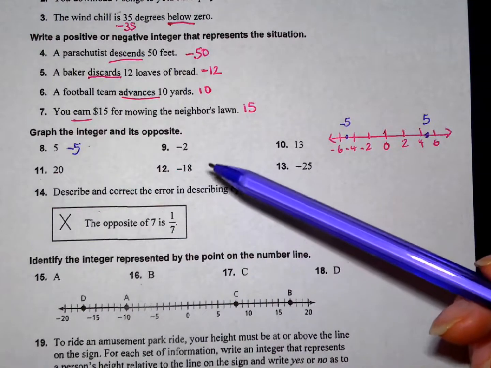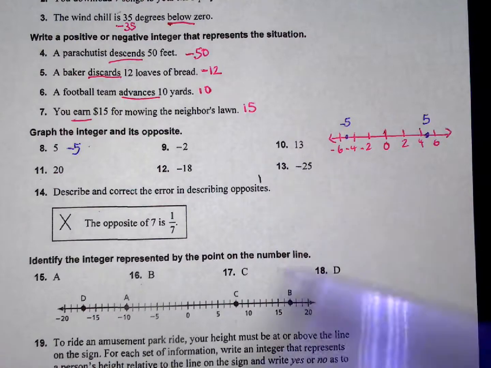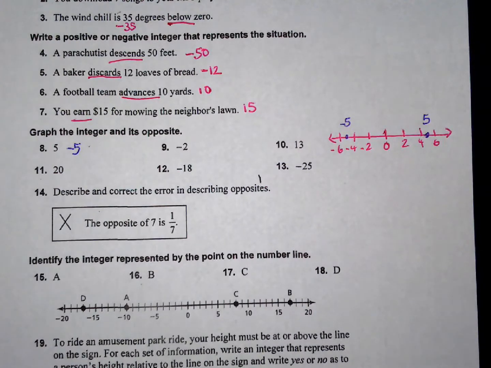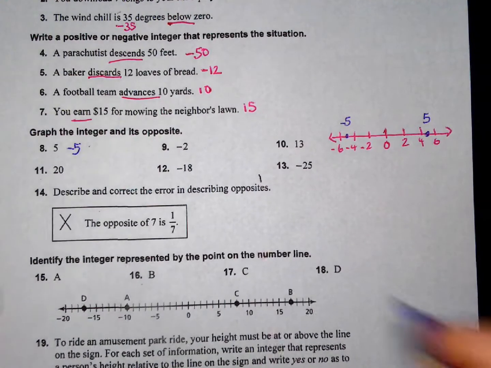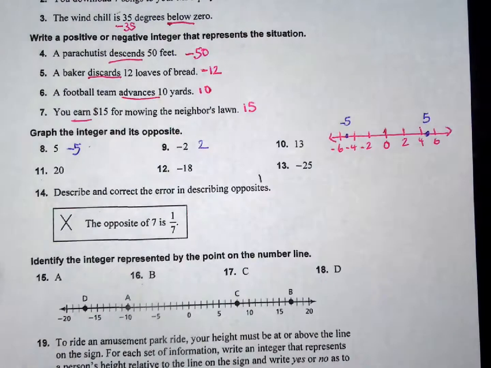Pause the video, find the opposites, and then come back, okay? So hopefully you just did that. You paused, you found the opposites, and now you're back. So if you found the opposite of negative 2, the opposite of negative 2 would be 2. If you found the opposite of 13, the opposite of 13 would be negative 13.